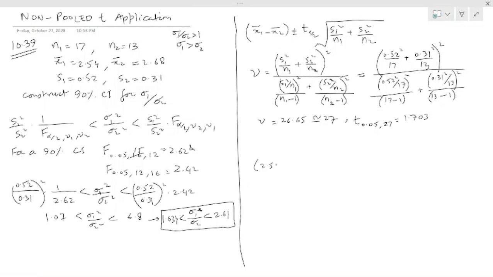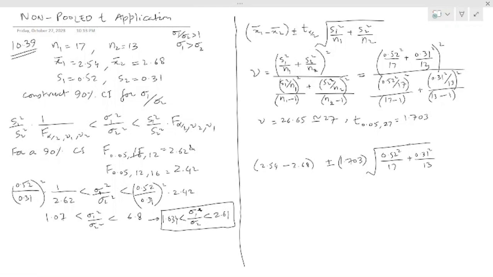That's 2.54 minus 2.68, plus and minus t alpha by 2 value, which is 1.703, times the square root of 0.52 squared divided by 17 plus 0.31 squared divided by 13. Now I'm going to work out the answer.